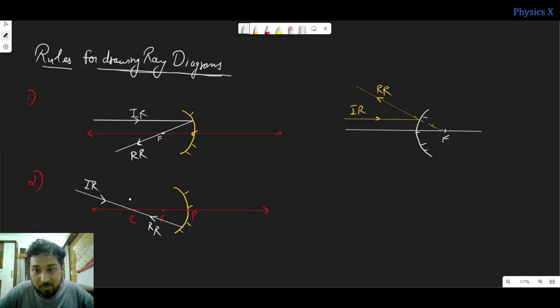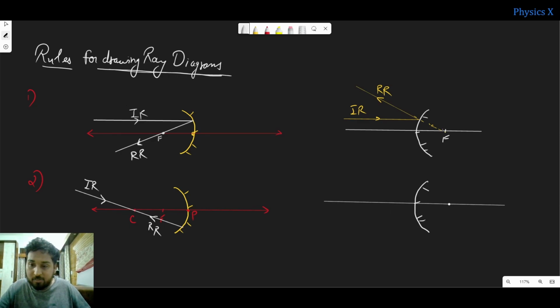Okay, so this is the case. Similarly, if it is a convex mirror, what will be happening? If this is your principal axis, in this case, this is your F, this is your C, say.